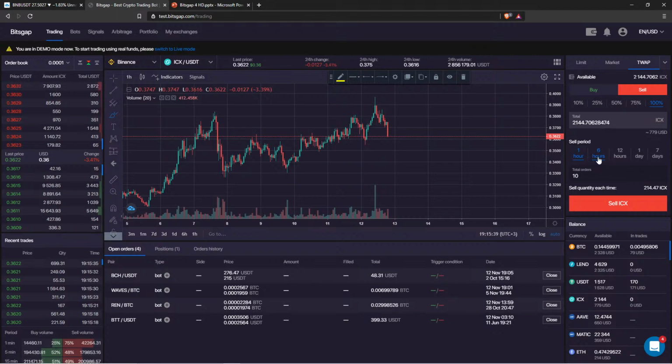So let's say within the next 6 hours, I want to sell this whole amount of icons with only, let's say, 300, no, actually let's use 60 orders in total. So what it means is that each order will execute 35.74 icons. So it's gonna sell this amount of icons in 60 orders within 6 hours.